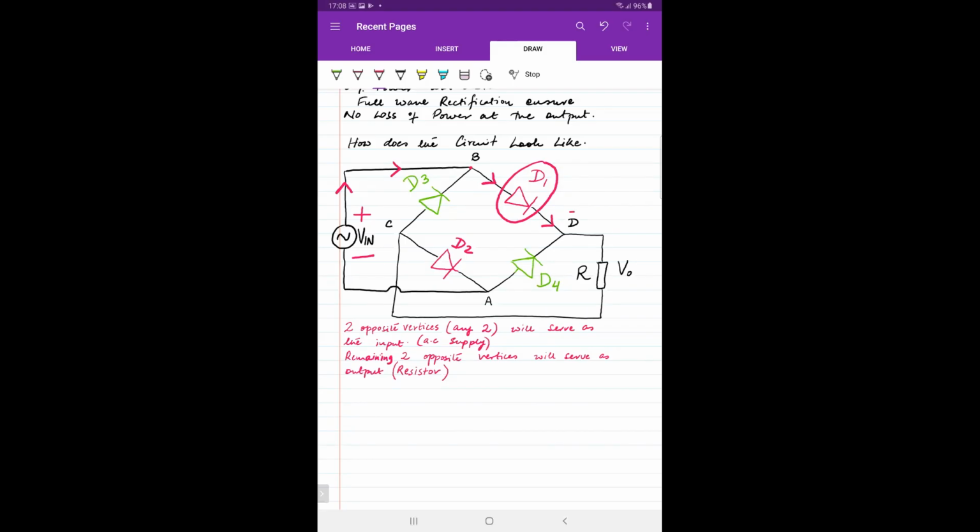So D ke baad, then the current is going to flow through the output. Okay, so as soon as the current flows through the output, मैं इसके arrows बना देता हूँ on the diagram. So the current flows through the output in the direction x to y.